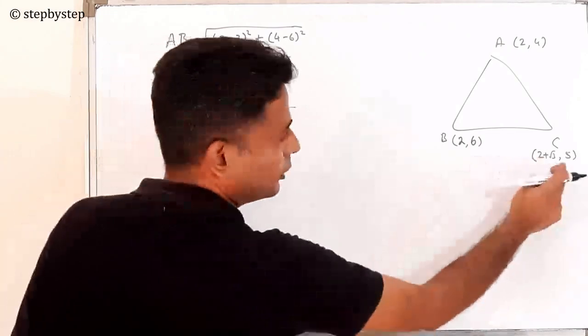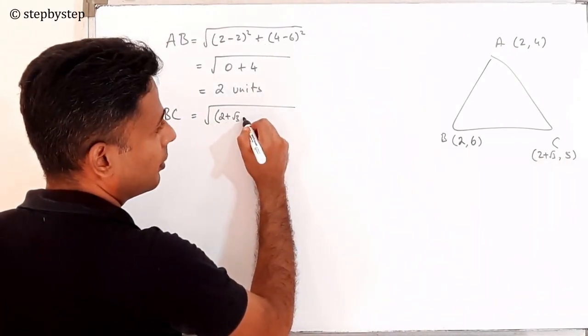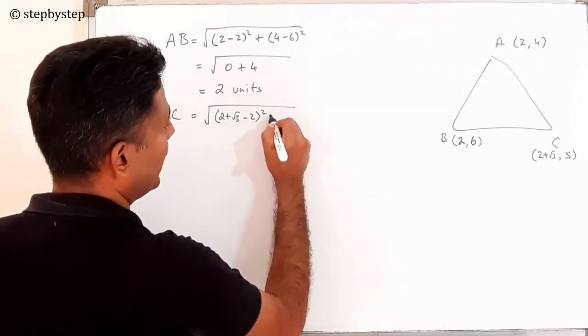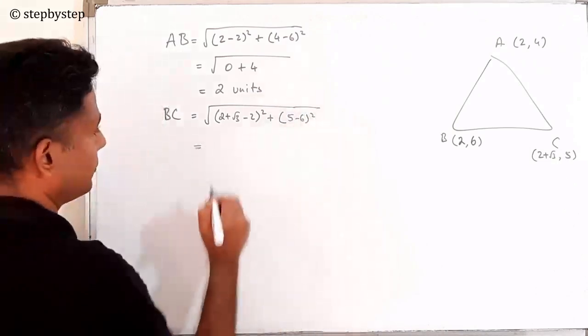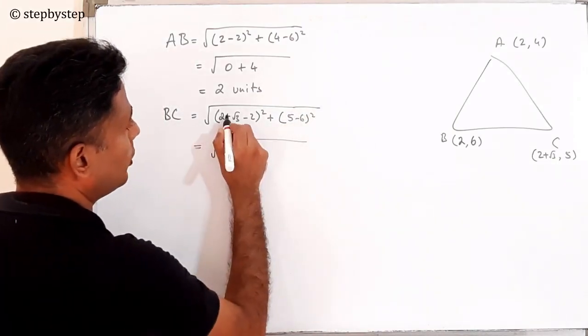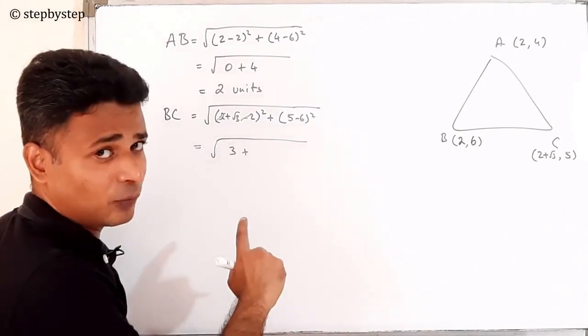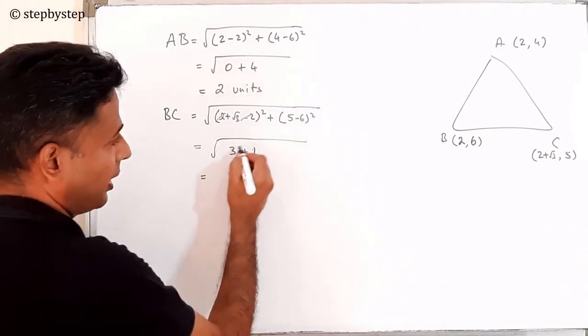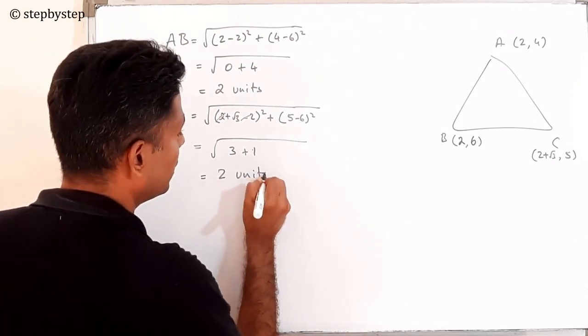I'll take this as x2, y2. So we get 2 plus root 3 minus 2 whole square plus 5 minus 6 whole square. So this will become 2 minus 2 is 0, root 3 whole square is 3, 5 minus 6 is minus 1, whole square is 1. So it becomes root of 3 plus 1, that is root of 4, that is 2 units.